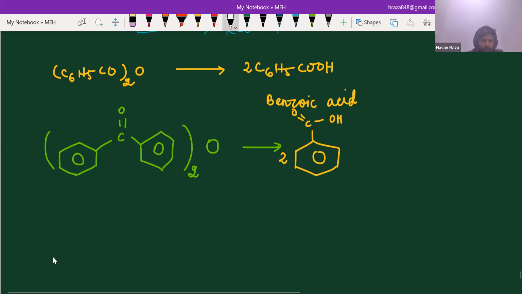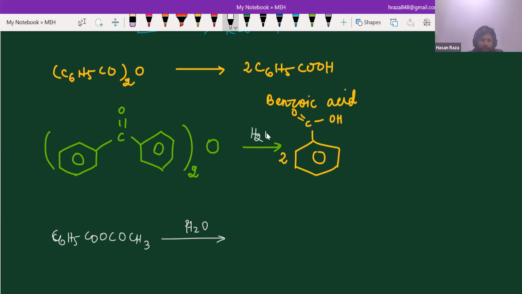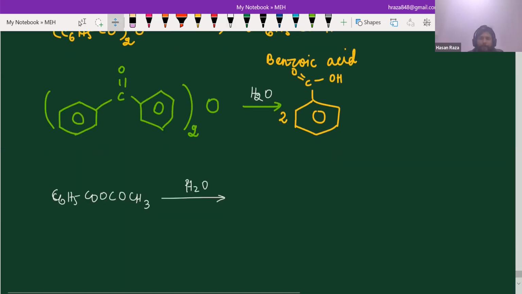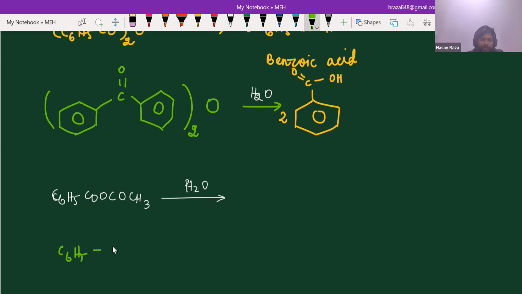If you want to see it in another way, if you have C6H5COOCOCH3 and you do the hydrolysis, that means reaction with water, I'm going to expand it a little bit more. You can see this is your C6H5, then C double bond O, then O, then C double bond O, and this is your CH3.